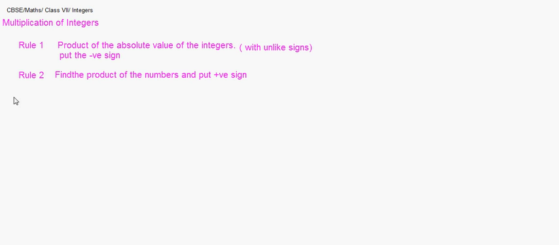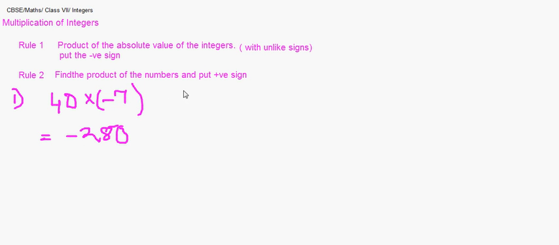The first one I write here, when you have two different signs, that is unlike signs, the first rule. In that I had said you just multiply the numbers. So 40 into 7 gives you 280, and you simply put a negative.